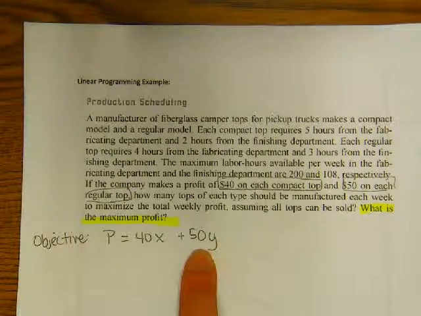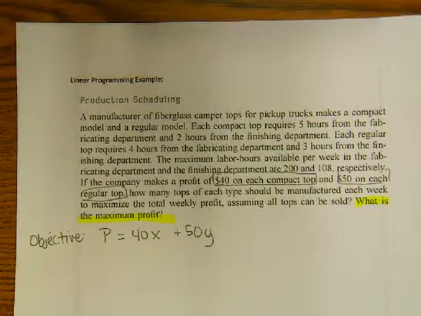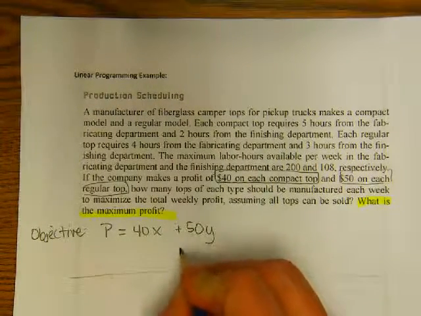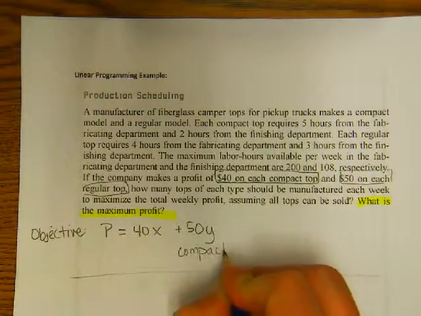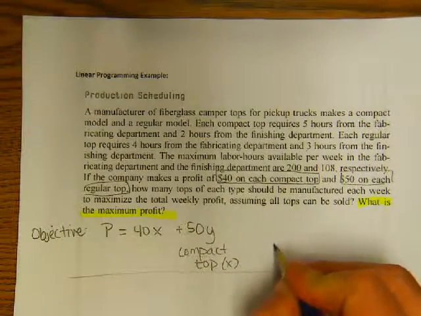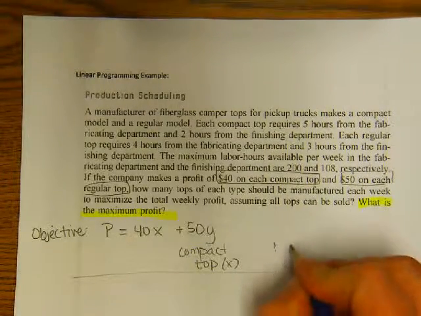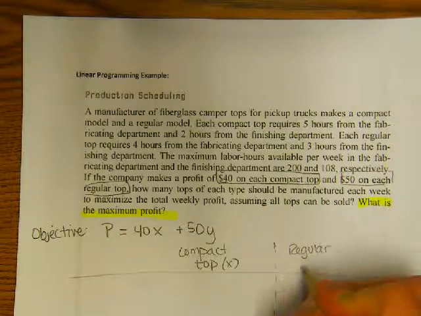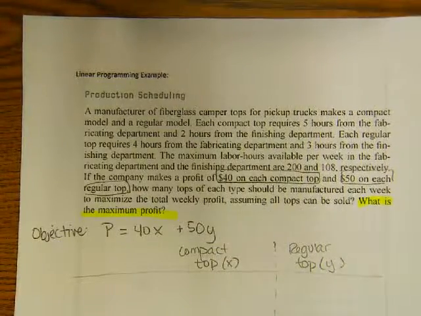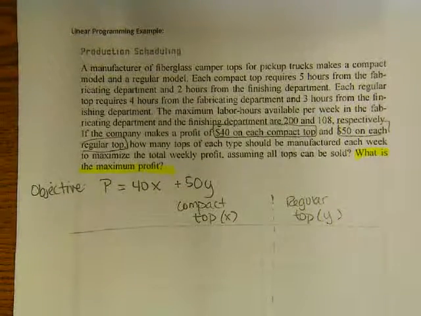And so I like to draw tables to organize this. So we have a compact top, right, which we're going to call X. And then we have a regular top, which we're going to call Y. And then we are given basically kind of two processes to make the top.